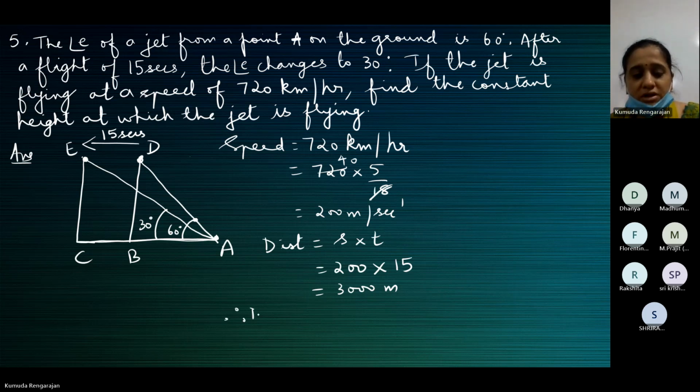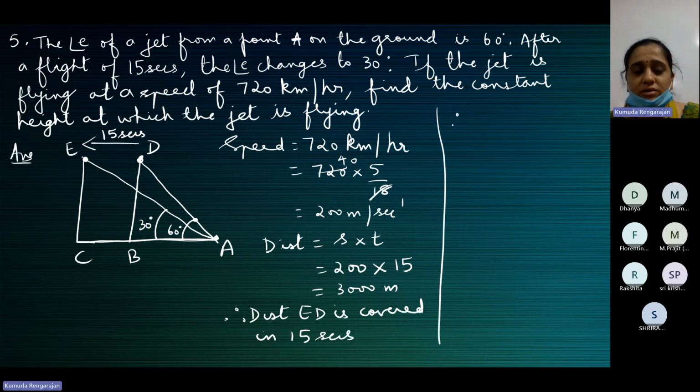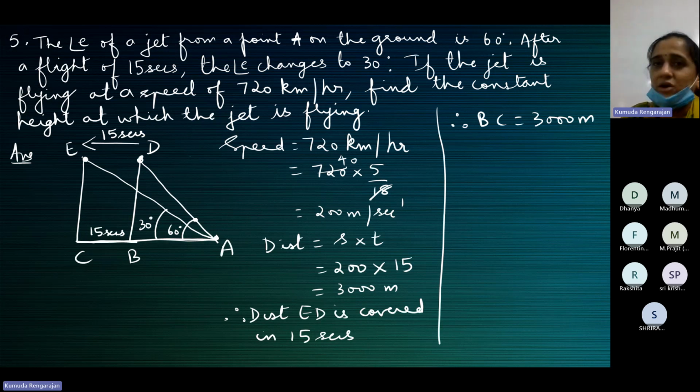Therefore, distance ED is covered in 15 seconds. Therefore, BC is equal to 3000. See, a line segment can only represent length. You cannot write 15 seconds here. A line segment cannot represent speed or time.